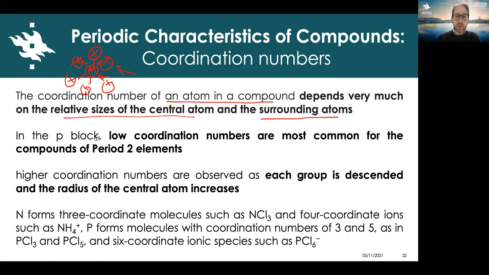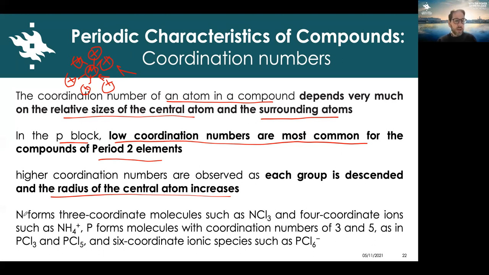So when we are talking about the P block, low coordination numbers are most common for compounds of period 2. And higher coordination numbers are observed when we go down a group, because this means that the radius of the central atom increases. So if the radius of the central atom increases, we can fit more atoms around it.